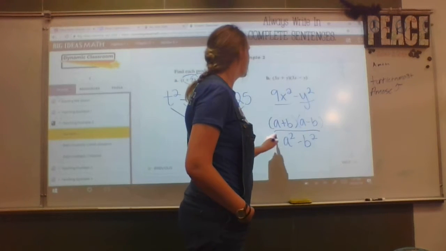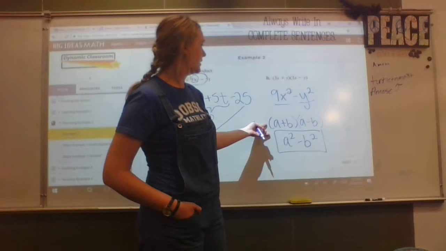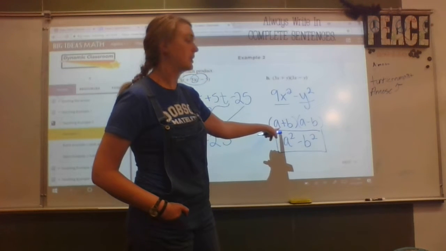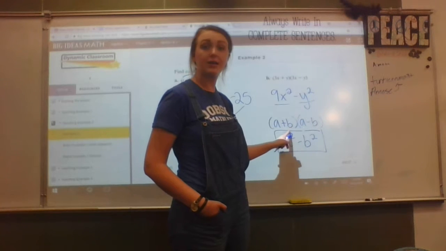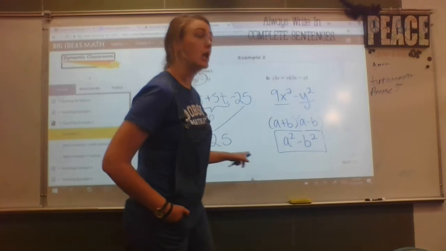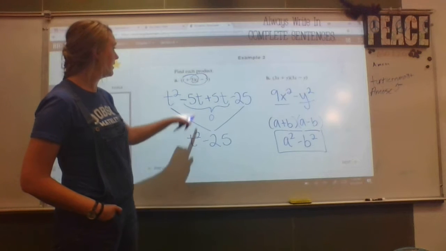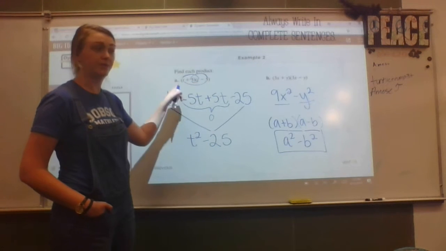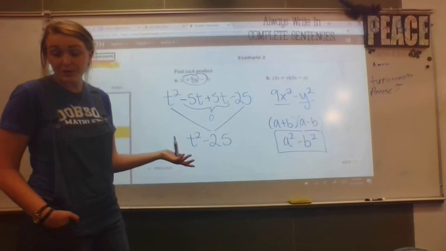So this is our formula. So in that space where it says special case number 2, you're going to fill in this equation. When you're given two equations that have the same a value and the same b value, but their signs are opposite, you can use this formula, which means you don't have to FOIL. Because we can see here, t squared minus 25 is what we'd get using our formula, but it also works to FOIL. So you can do either way you want.